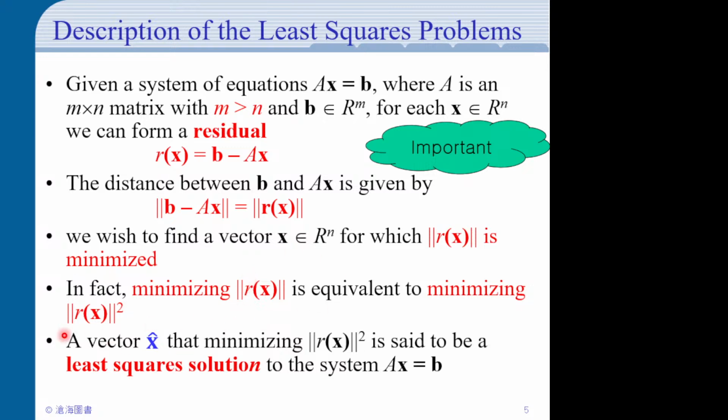If x hat minimizes your r of x squared, then you say it's the least squares solution. The name comes from the square here, although it's a bit funny because by this formulation you can also minimize the non-squared thing, but there are reasons it's called least squares. Anyway, it's a solution that minimizes r squared, and if we find the solution, then we call it x hat.